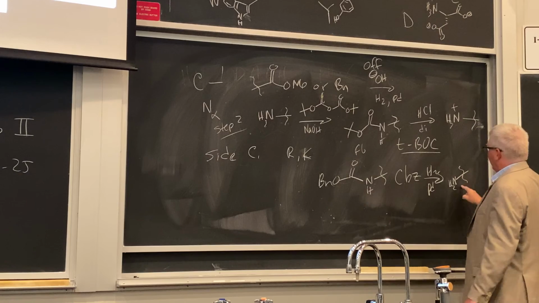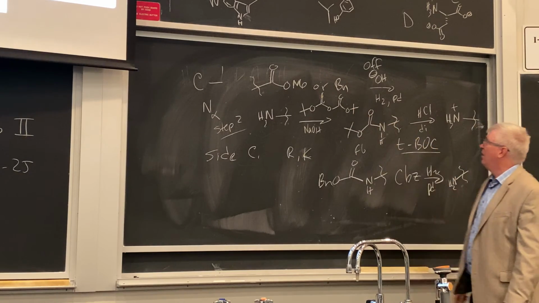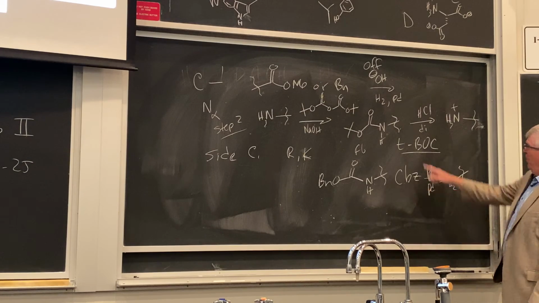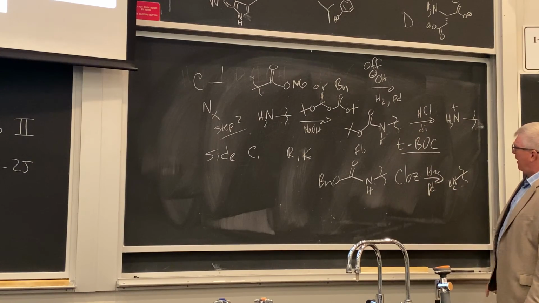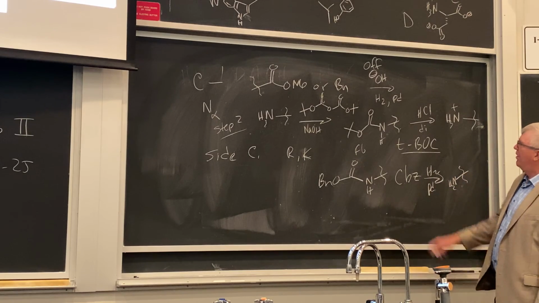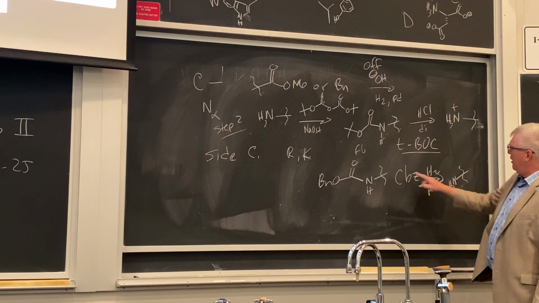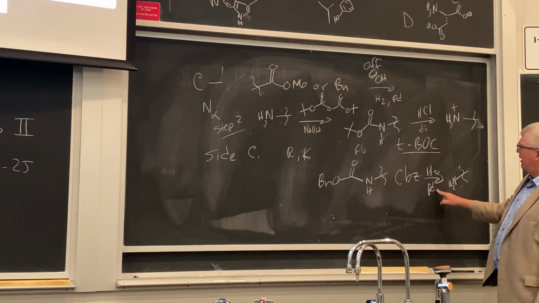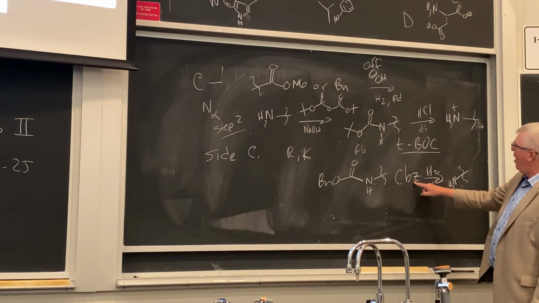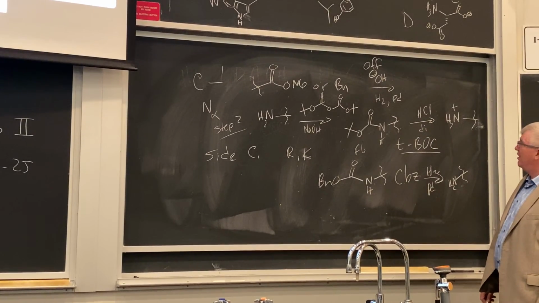So we can do that globally at the end when we take off a benzyl ester up here, if we use hydrogen and palladium, okay? So the CBZ, we say, is orthogonal to the TBOC, which comes off with dilute acid. The CBZ comes off with hydrogen and palladium. The CBZ will stay on there under the hydrogen chloride conditions.